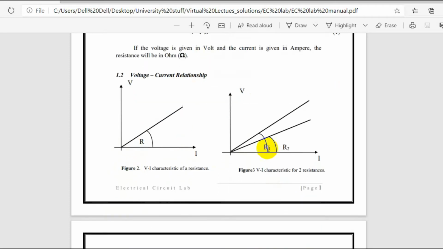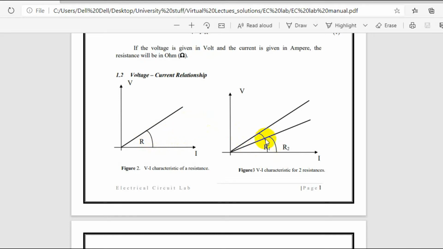Here it is also increasing, but depending upon the value of the resistor. The value of the resistor is R here. Suppose R is 1 kilo ohm. If I am giving 1 volt as a voltage, you will get 1 milliampere as a current, because the resistor value is 1 kilo ohm.